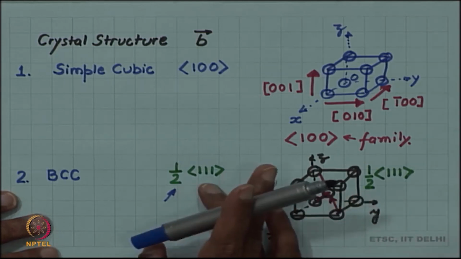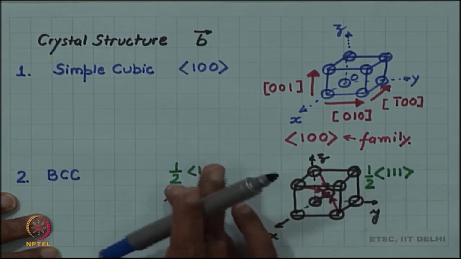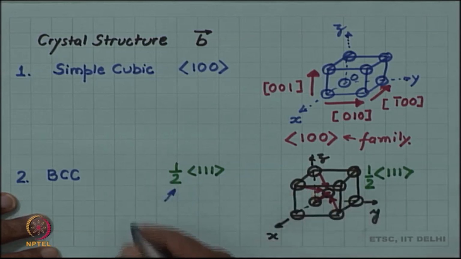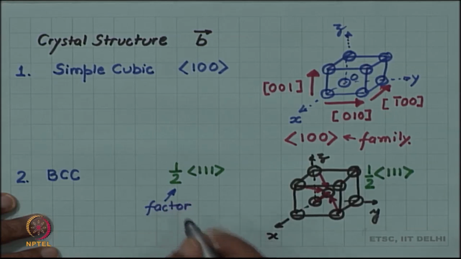So, this is not representing the entire 1 1 1 line, but a specific 1 1 1 vector, and half tells half of that vector. So, we need this factor to represent the magnitude.